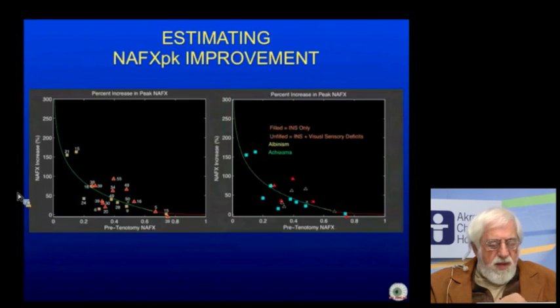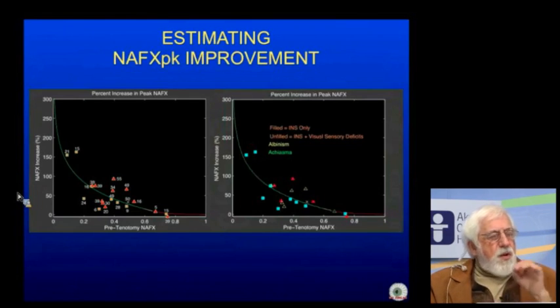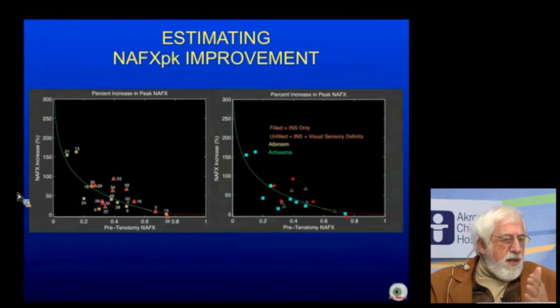Here we have some patients with no associated afferent deficit, some with albinism, some with achiasma. They all fall along the same curve. That means you can expect the same percentage improvement as the girl that Dr. Granite talked about, who had very poor vision because of other problems, as you can expect from someone with only INS.